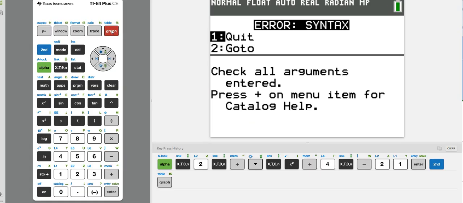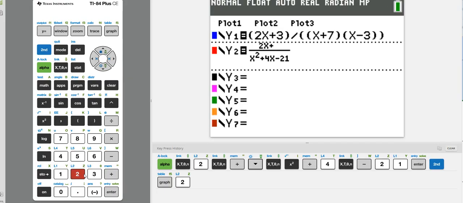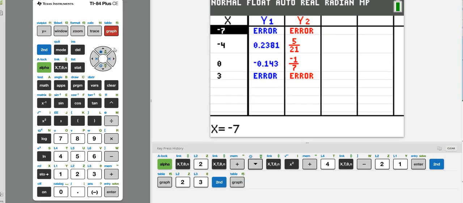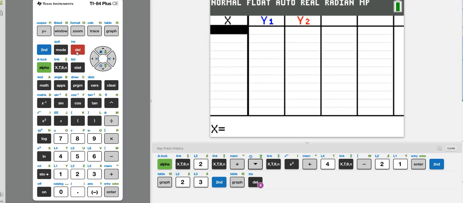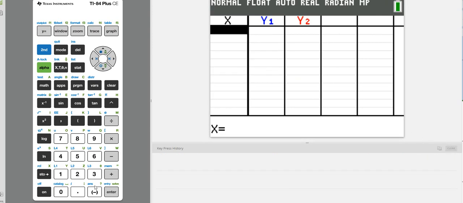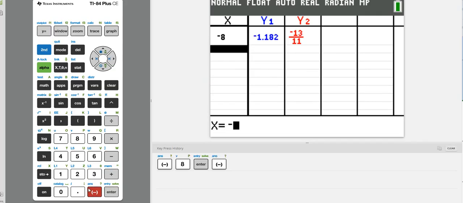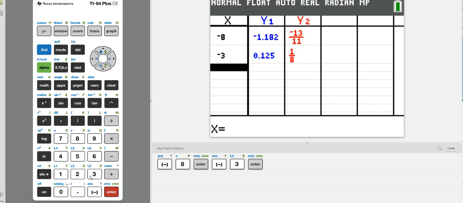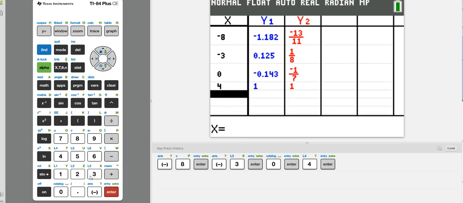Second table. You've got a 3 on top of the fraction. Let's delete these, and let's type in our test values. So it's -8, -3, 0, and 4.